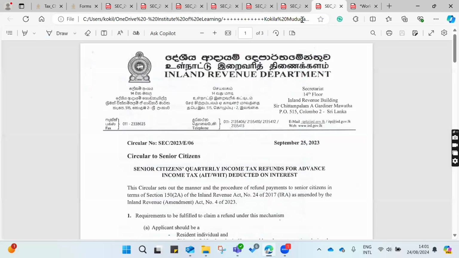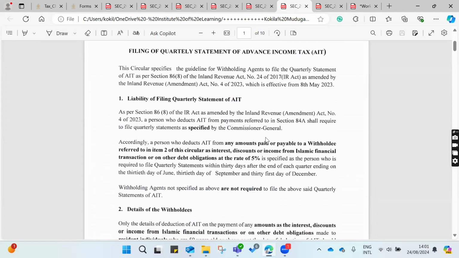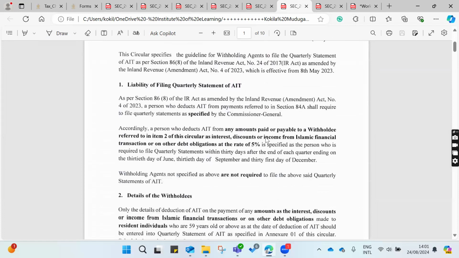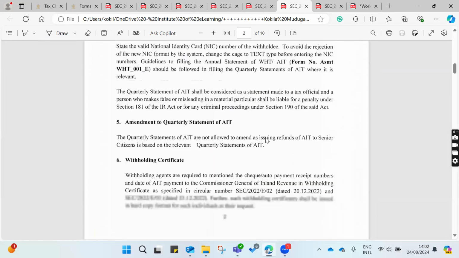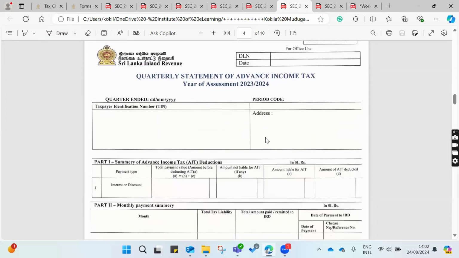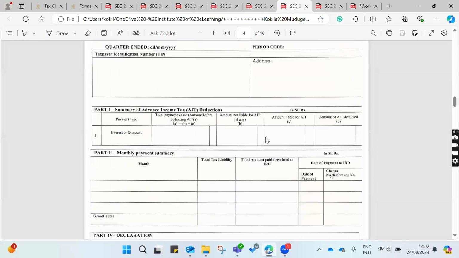I will show that circular as well. This is the circular, number 2023 E5, which you can refer to for more detail. They have also specified the due date and the return format in this circular itself. Why this?